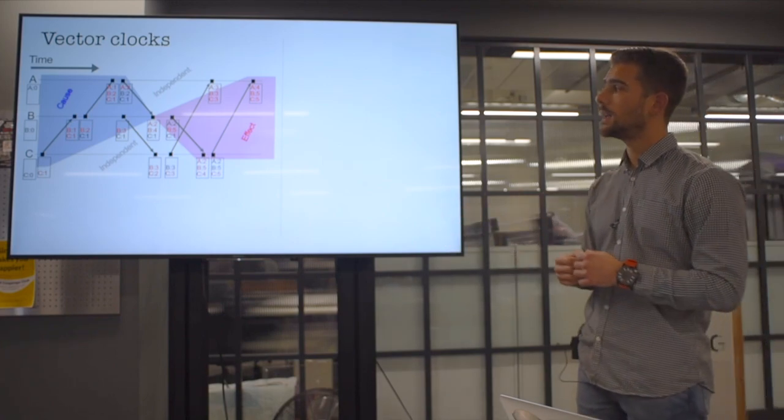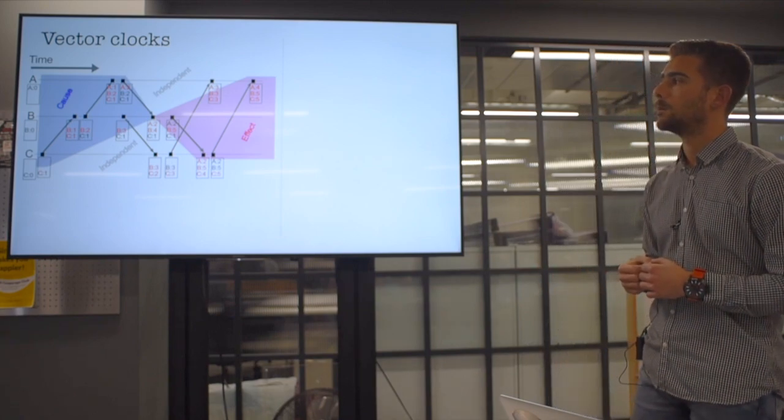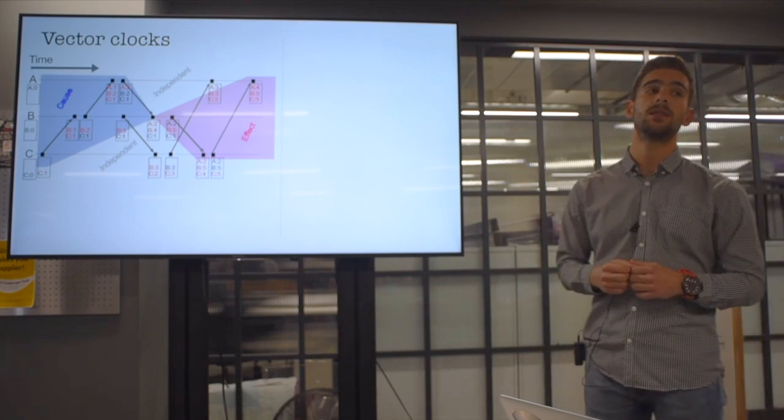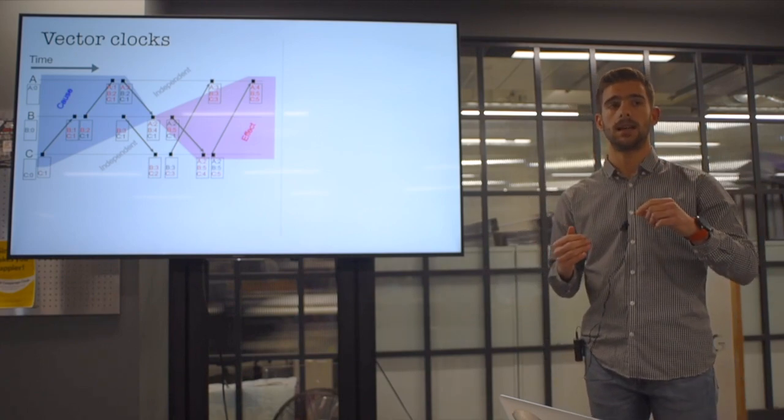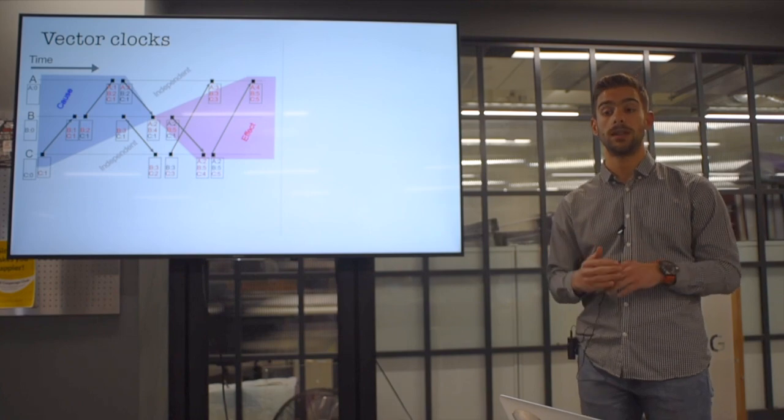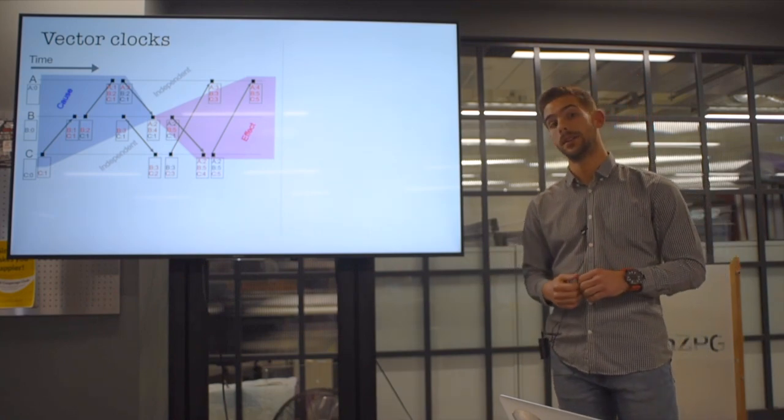In the same way, every time an actor receives a clock, it maintains the maximum for each integer. It maintains the maximum between its own clock and the clock it receives.